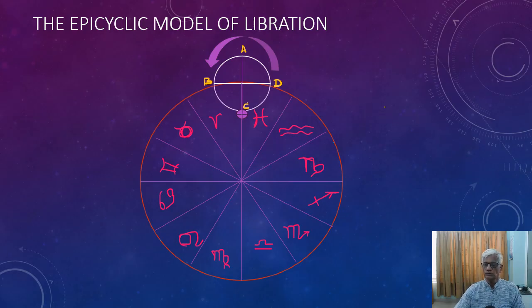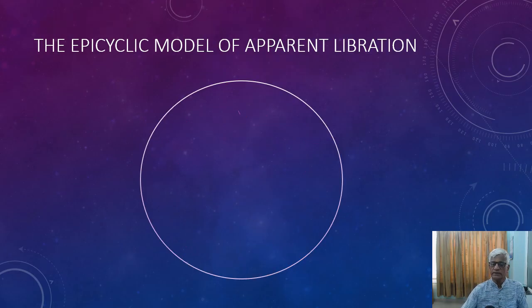Just to show the concept of the epicycle, this is the circular path through which a point moves, and there is another smaller circle through which the point is expected to be moving continuously while it is executing the larger motion.